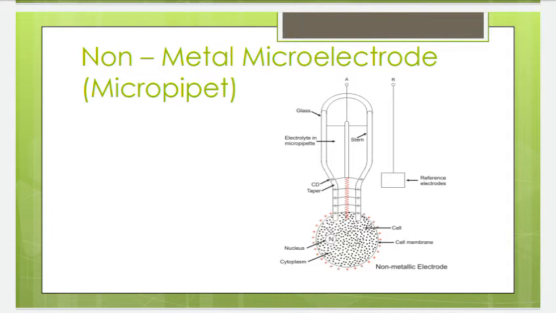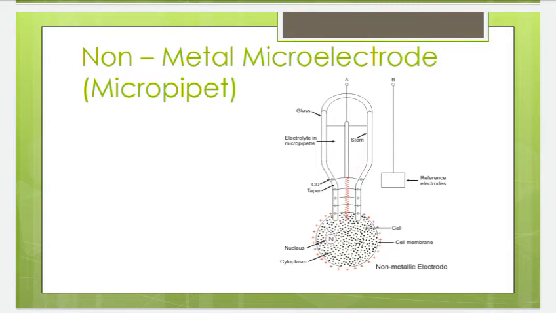So this micropipette consists of a glass micropipette whose tip diameter is about 1 micrometer. What about the diameter of the metal microelectrode? It is nearly 0.5 to 5 microns. Here also the diameter is about 1 micrometer.